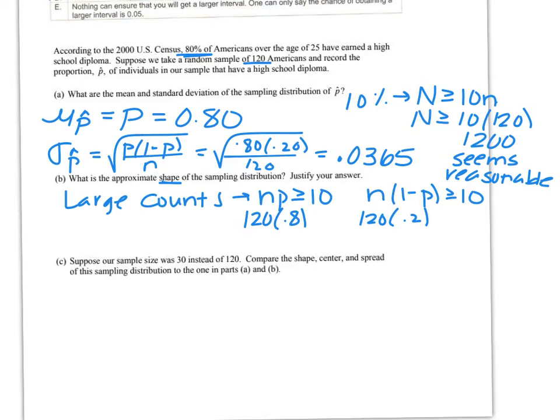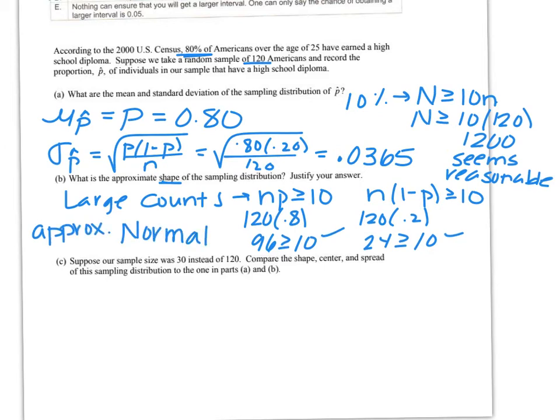So 120 times 0.8 is 96, greater than or equal to 10, so that's good. And 24, also greater than or equal to 10, so that's good. So the shape is approximately normal. Okay, and the justification is checking that large counts condition.